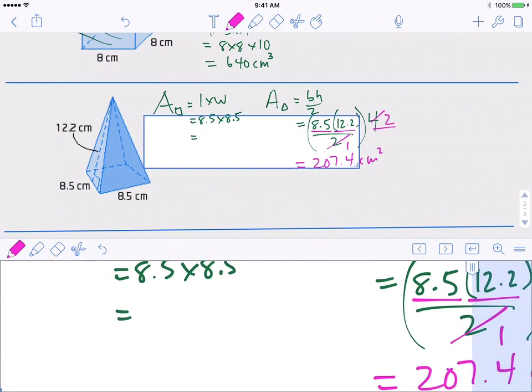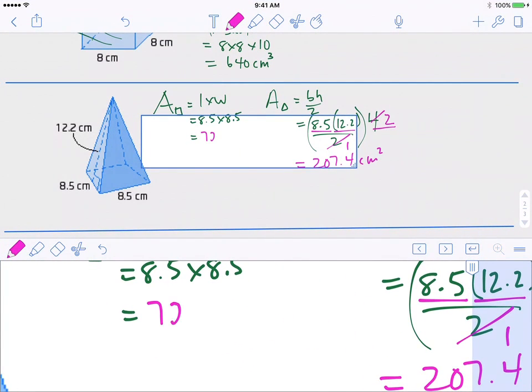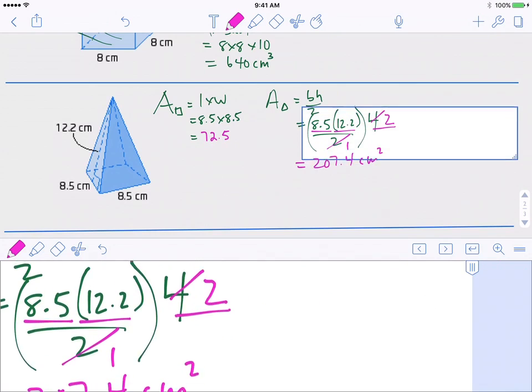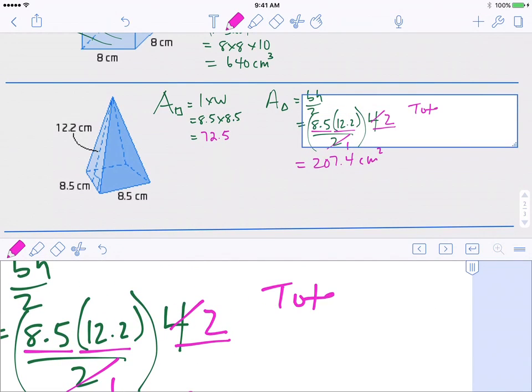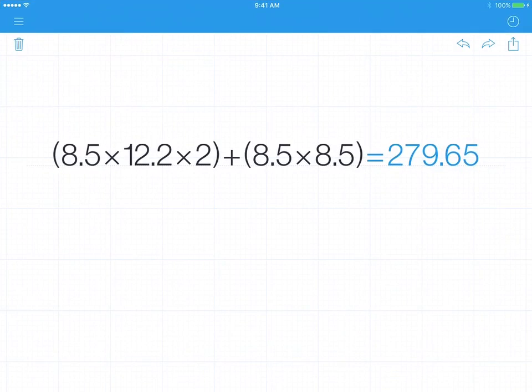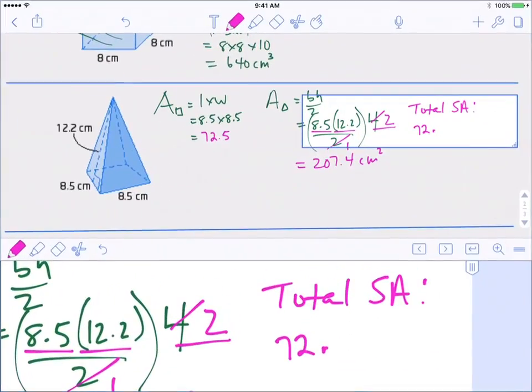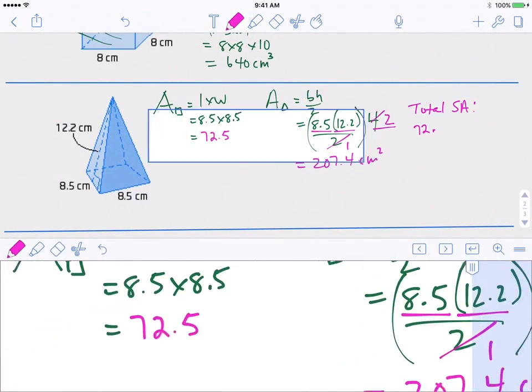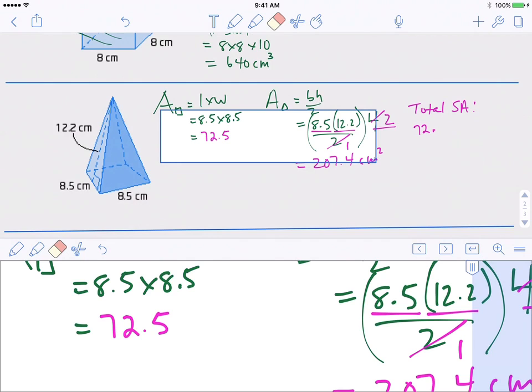So this is, move this over here. And the area of the square, so we'll say the total area, or total surface area, I should say, is 72, oh sorry, that was 72 and a quarter. I put 72 and a half, apologize. So that should be a quarter.